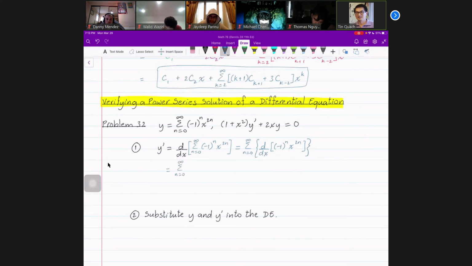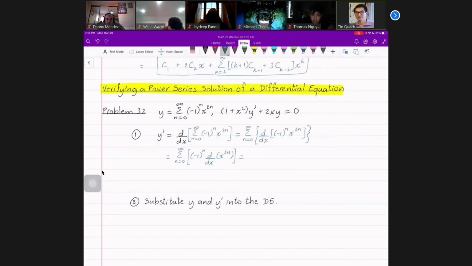Okay, and then you can factor out the -1 to the nth, and here you just take the derivative of x to the 2n. What is the derivative of x raised to a power?